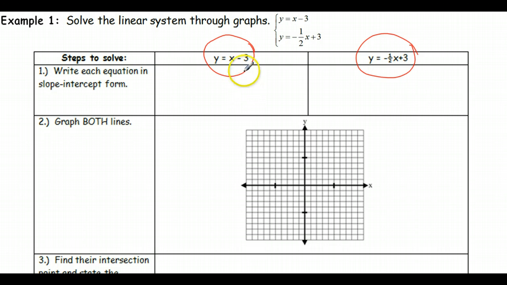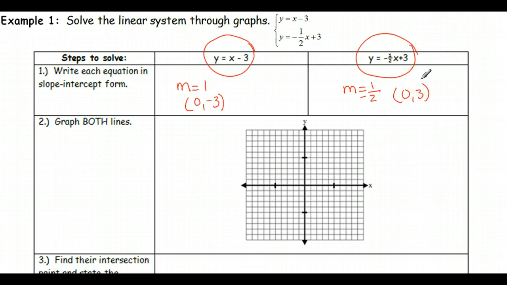Now, in order to graph our lines, we need to know what the slope is and what the y-intercept is. In this first example, our slope is 1 and our y-intercept is 0, negative 3. Our other equation has a slope of negative 1 over 2 and a y-intercept of 0, 3.